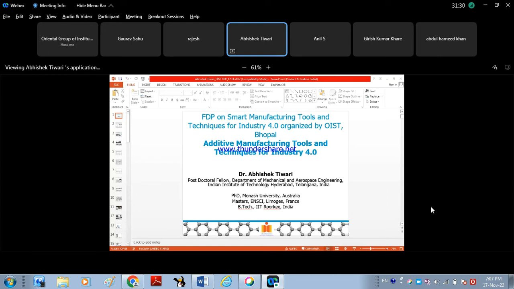And in the same department, then I joined as Institute Postdoc Fellow, and there I worked on designing and developing magnesium alloy test specimens using wire arc additive manufacturing and to evaluate the corrosion behavior of additively manufactured magnesium alloys and corrosion behavior of selective laser melted AlSi10Mg alloys.